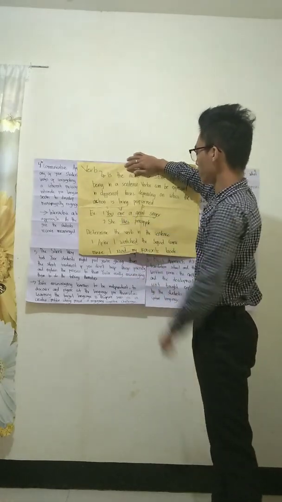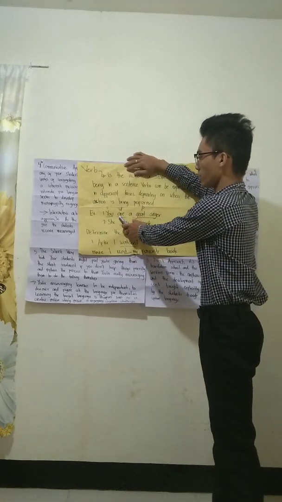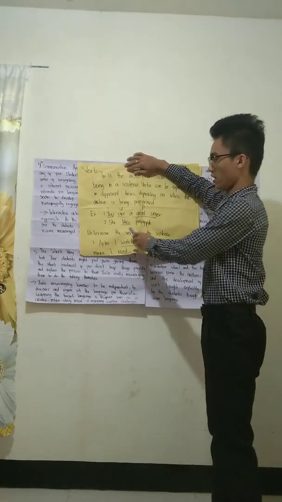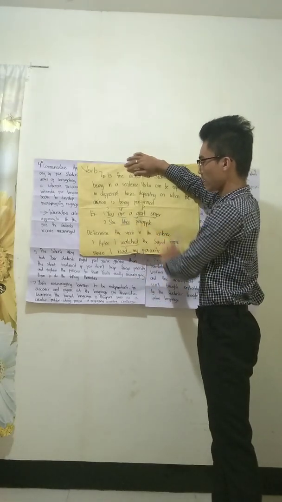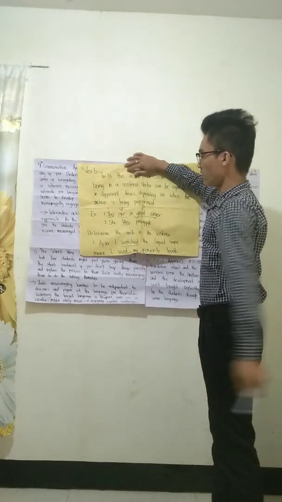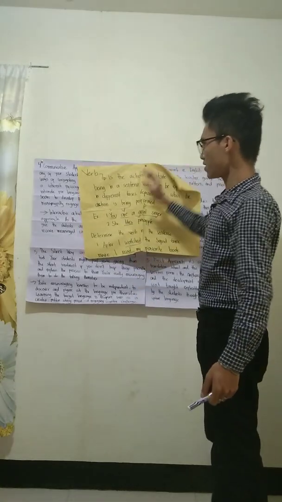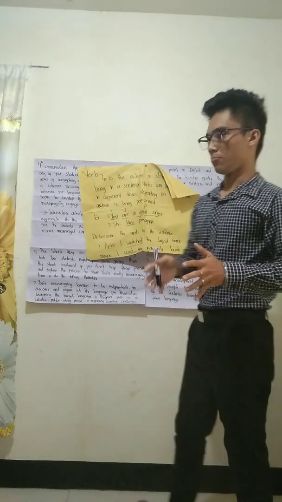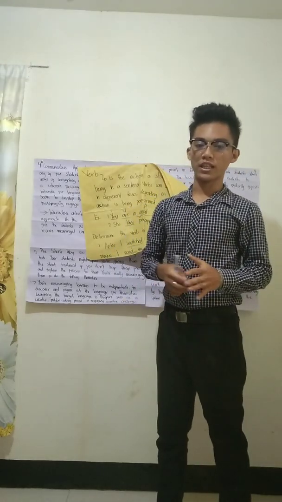So here, you are a great singer, and the verb here is are because it is a linking verb. And the second example is she likes pineapple. So likes is our verb here in the sentence. So this topic can be an example of the communicative approach.